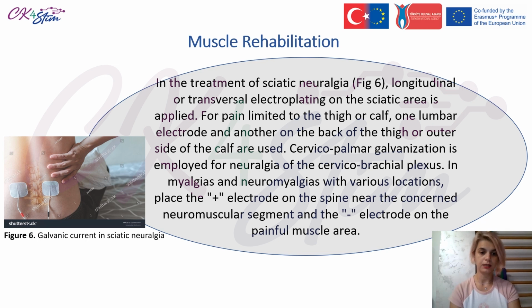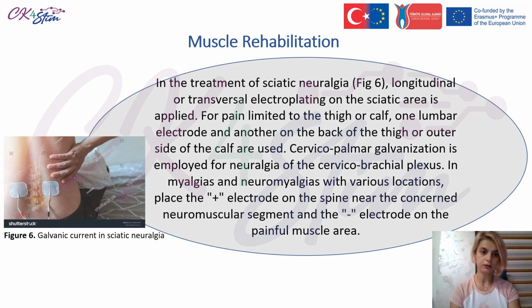If the pain is only up to the thigh or calf, it should be applied with one electrode on the lumbar and the other on the back of the thigh or the outer side of the calf.